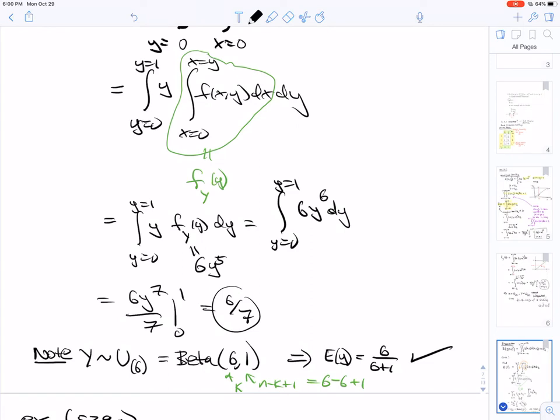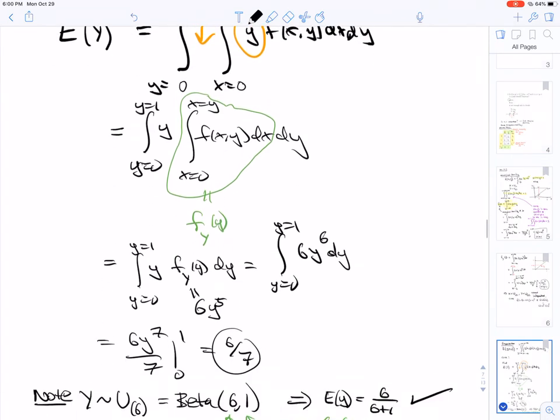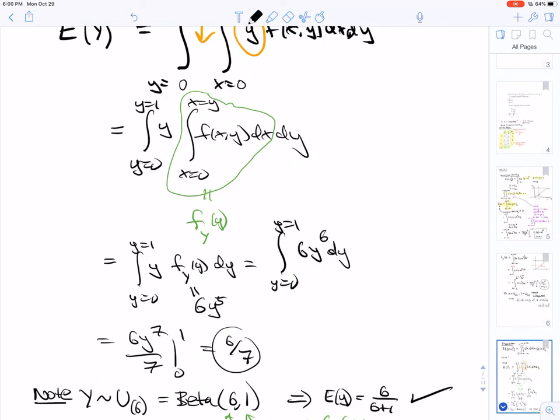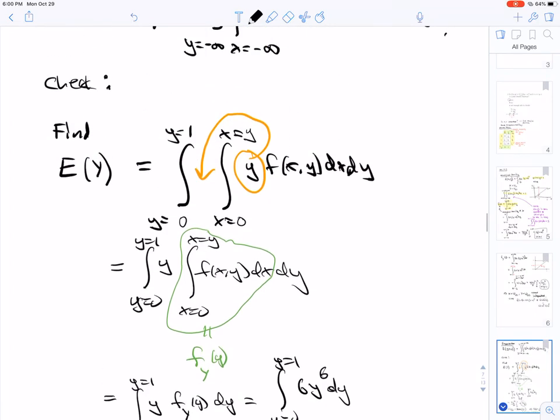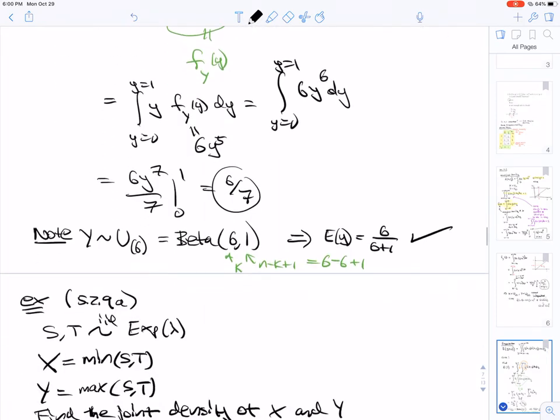So that's a beta 6,1. So the expectation of y we know is 6 over 6 plus 1, which is exactly what you get just doing it as a marginal, just using the definition of expectation.